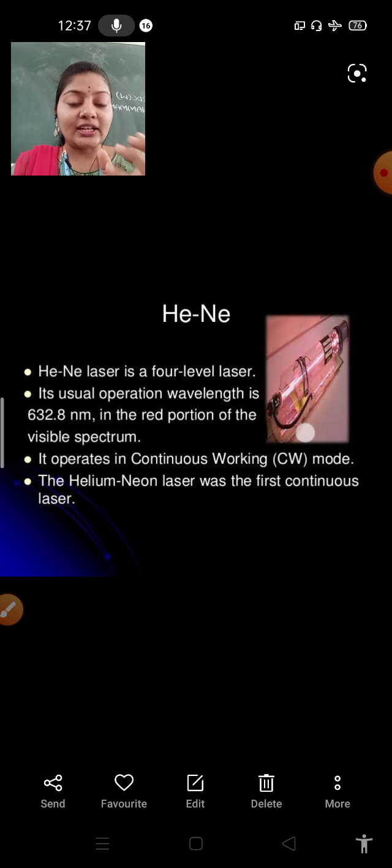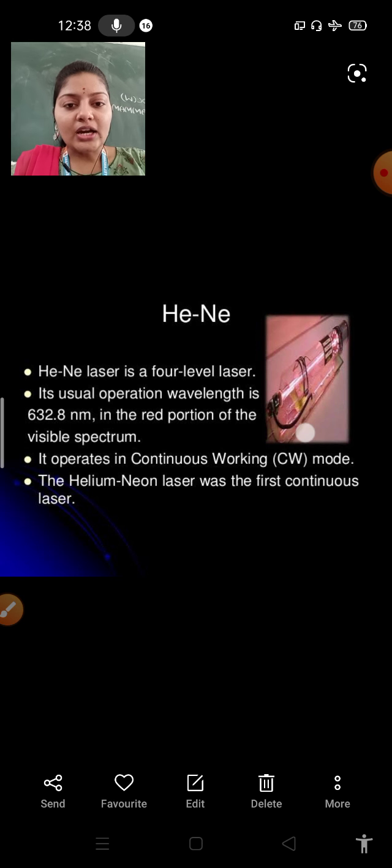In the case of helium neon laser, it is a continuous laser. One more important point: the first continuous laser was the helium neon laser. The first solid state laser is the ruby laser. The first continuous laser is the helium neon laser.